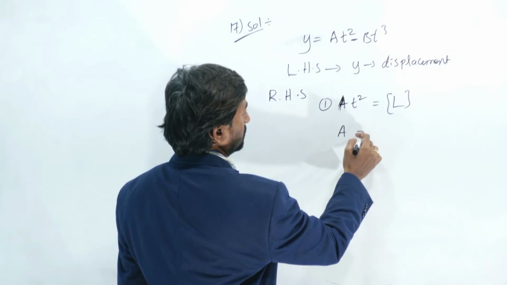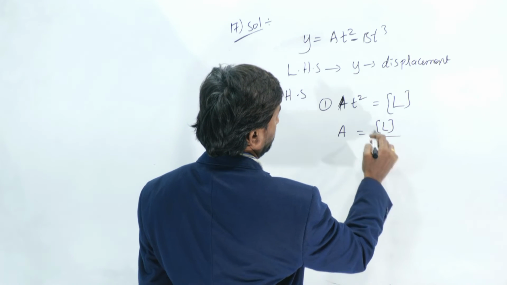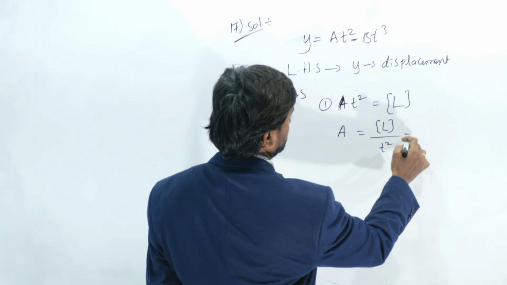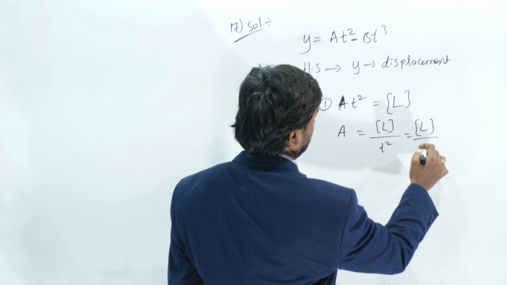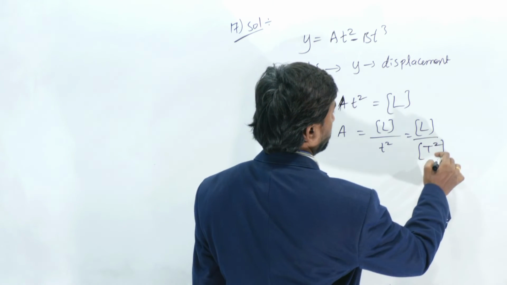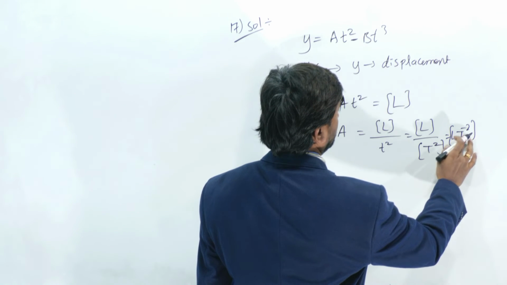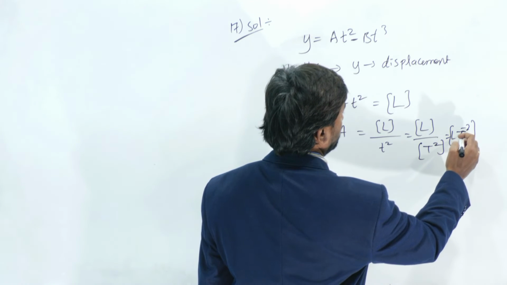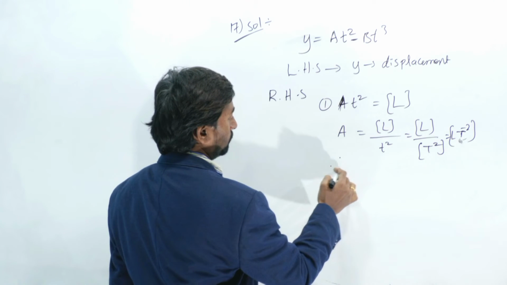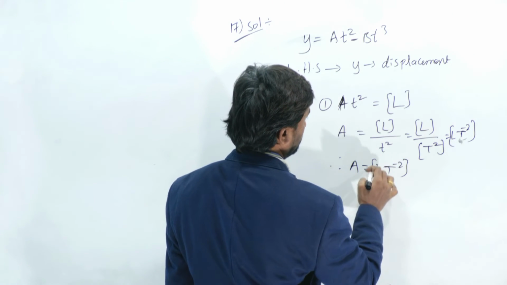Now a is equal to L power 1 divided by t square, and the dimension formula of t square is capital T square. So we get L T power minus 2 as the dimension formula of A.